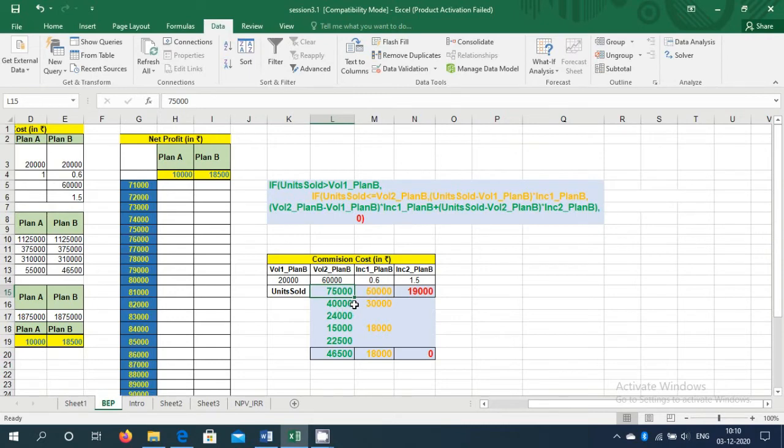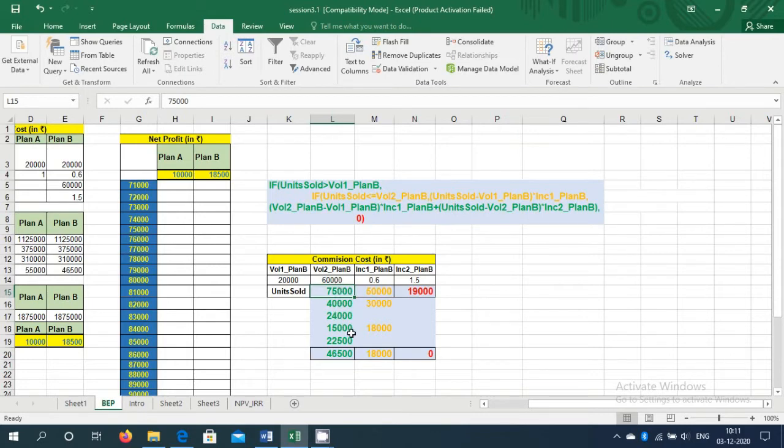Multiply with incentive 1 plan B, which is 60 paise, so it is coming 24,000. 40,000 into 60 paise is 24,000. Then plus units sold minus volume 2 plan B. Volume 2 plan B is 60,000, so 75 minus 60 is 15,000.